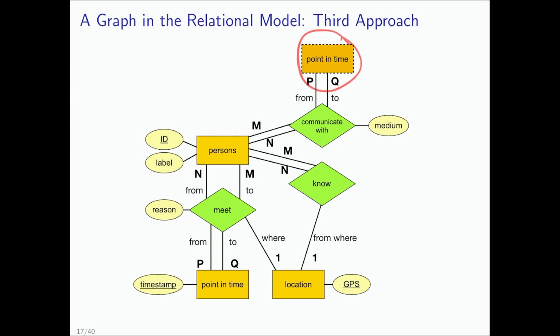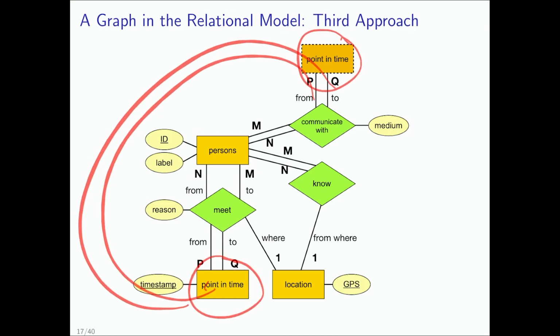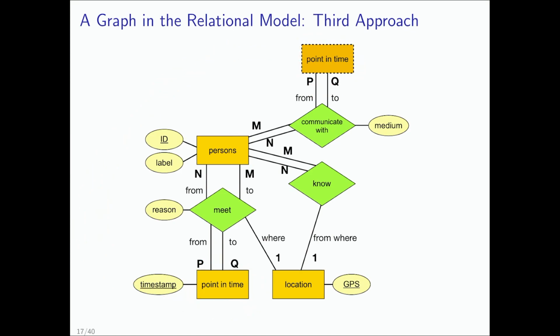This is dotted, just meaning that this is meant to be a link down there, because this point in time should only be modeled once. So a person meets some other person at a location at a certain point in time. That's how you could model that. And then the location, you give it a GPS.